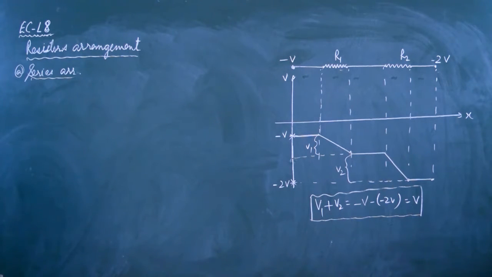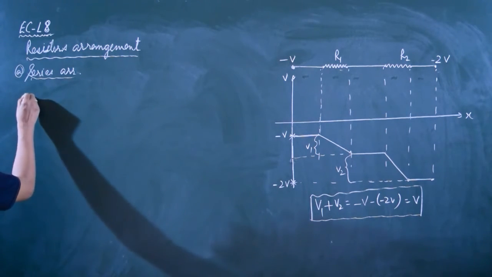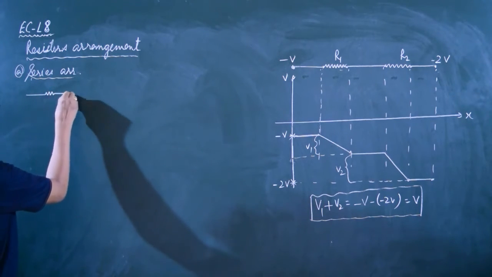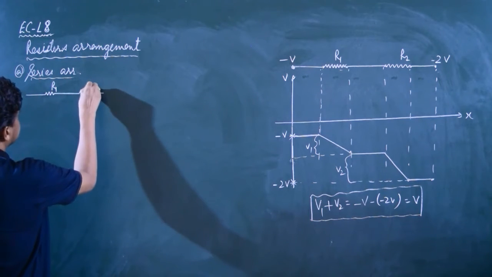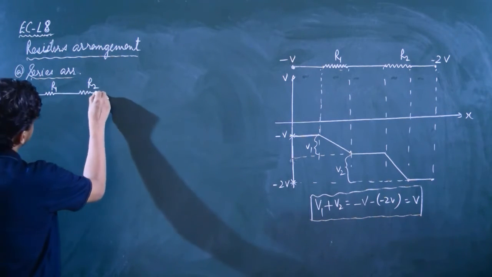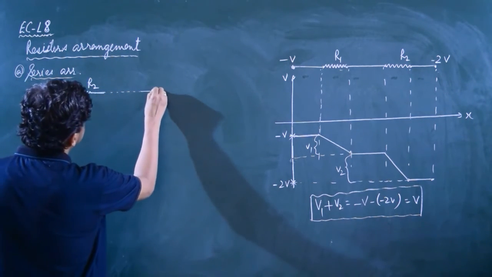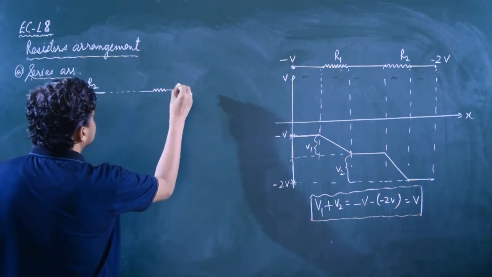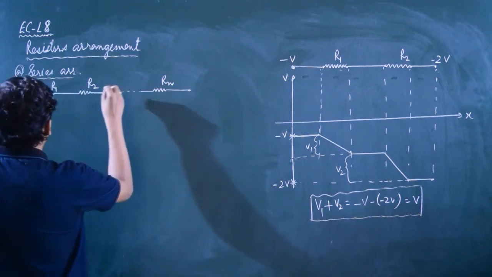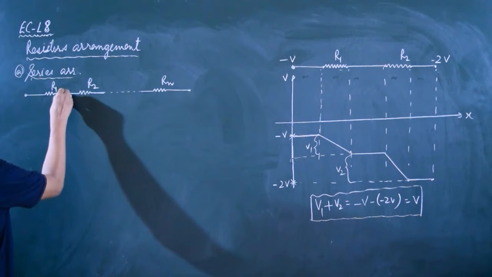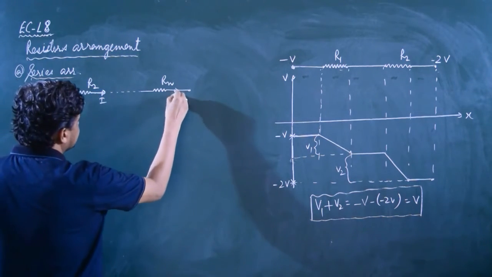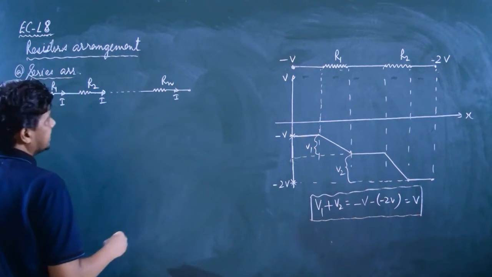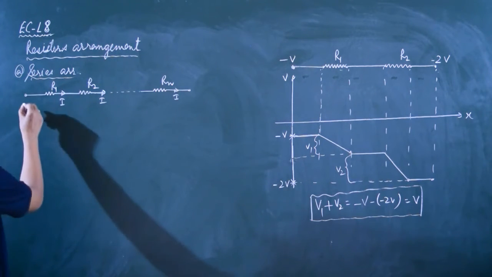Now suppose n resistors are connected in series. It is R1, R2 and so on up to Rn. These are n resistors connected in series. Current here is I, here also current is I, and here also current is I. Currents are equal while potential drops are different.